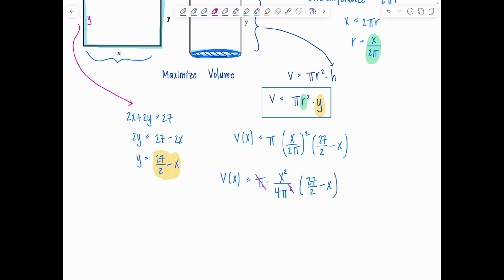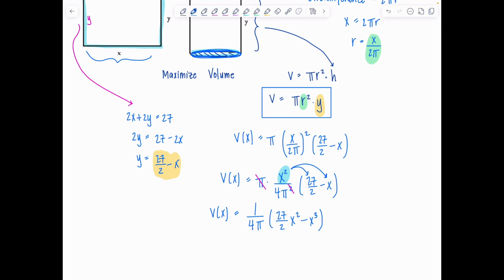And then we could just put 1 over 4 pi as a constant in the front. 1 over 4 pi. And then, you know what we're going to do? We're going to distribute this x squared inside. Because why do product rule if you don't have to? So this will be 27 over 2. See, I'm thinking ahead. I'm going to take a derivative in a hot second. Let me set myself up so it's not so bad to do that.